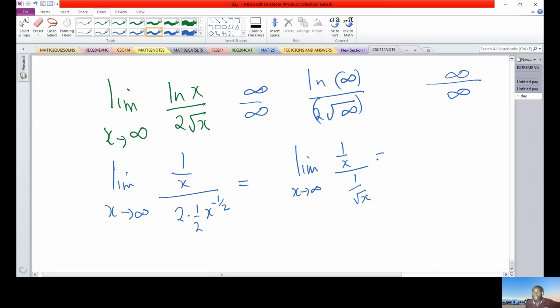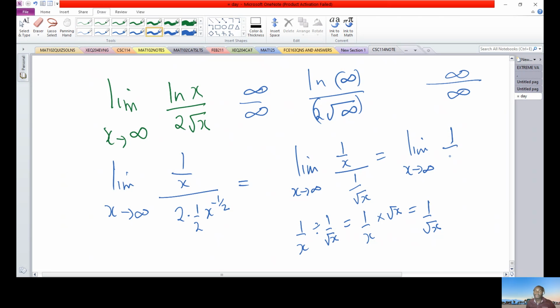So which would be the same thing as the limit as x approaches infinity of, at this point here, we have 1 over x divided by 1 over square root of x. So it's the same thing as having 1 over x times root x, which is the same as 1 over root x.